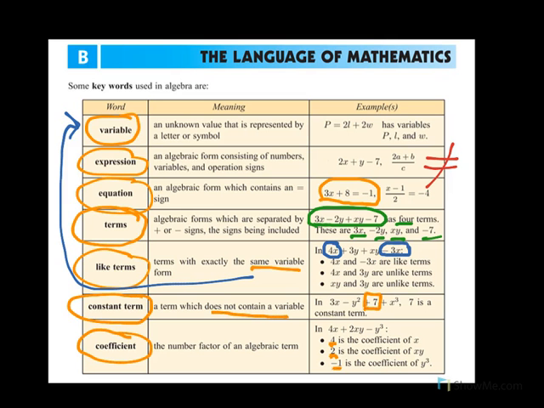In the exercises that you will do, you will be asked to identify the variable, the expression, equation, terms, like terms, constant term, and coefficient. This is very important. This is the base for your understanding of algebraic expressions and equations.